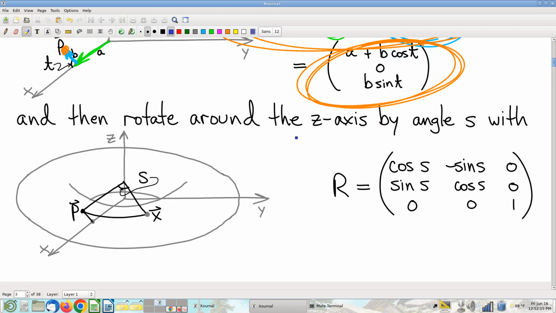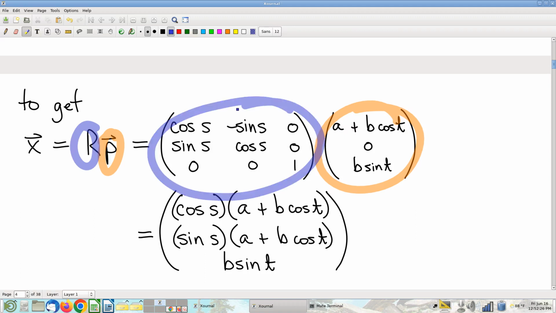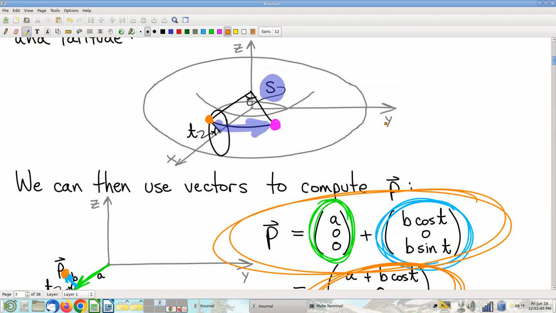Again, we have this orange point already computed from the previous discussion. The rotation is done by this matrix. We'll come back and talk about that matrix in a moment. And that's how I get to what I wanted: the purple point is just the rotation of that vector P, as seen here.